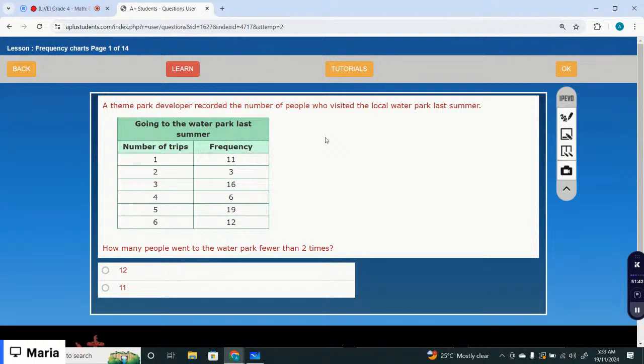Which is the correct option? The correct option is option number two. 11 it is.